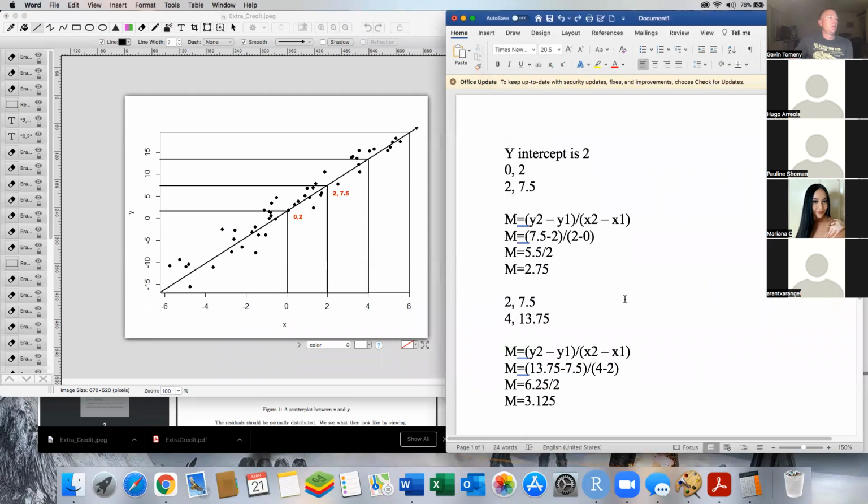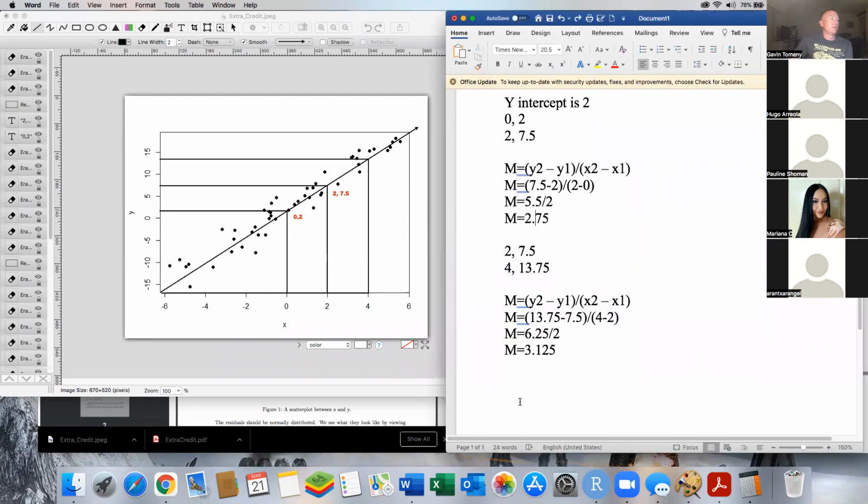I don't know how to do a crazy looking A, but just this for alpha, which is the intercept. So it's going to be 0, 2, and then beta equals 3.125.